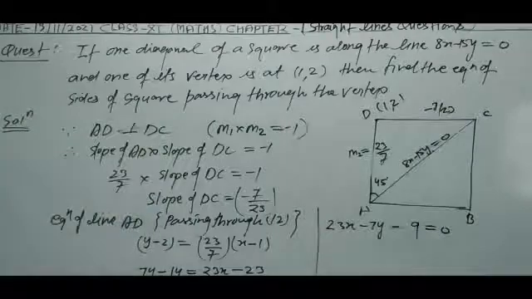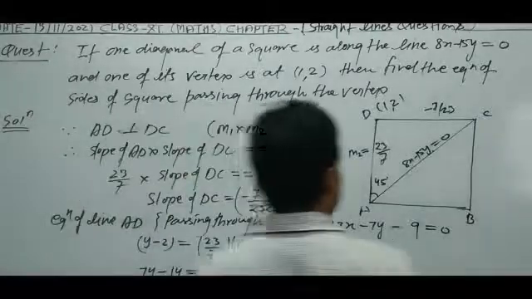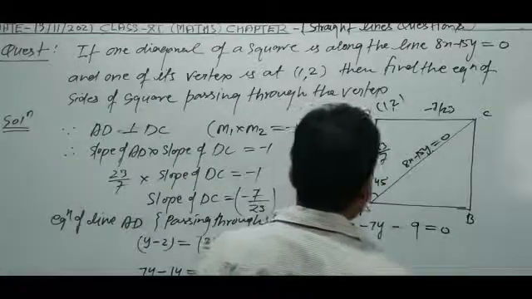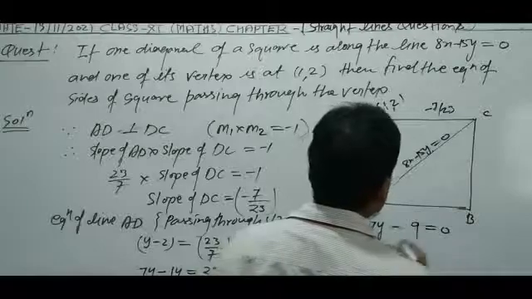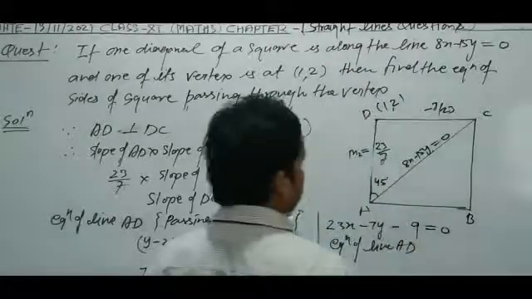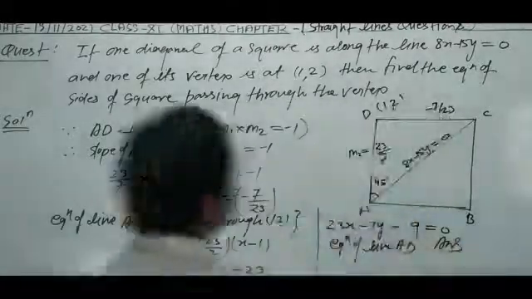See, 23x minus 7y minus 9 is equal to 0. This is the equation of line AD. Now this is the answer.